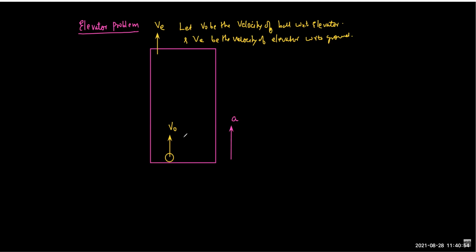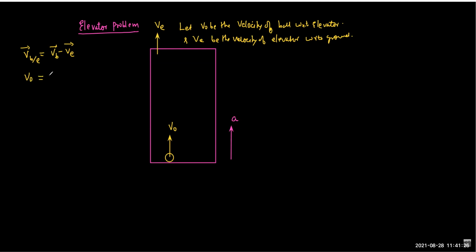Now you need to understand this concept. V naught is not the velocity in the ground frame. What is the velocity in the ground frame? It is the sum of the two. So the velocity of the ball with respect to the elevator you can write as V B minus V E. Now the velocity of the ball with respect to the elevator is given as V naught.